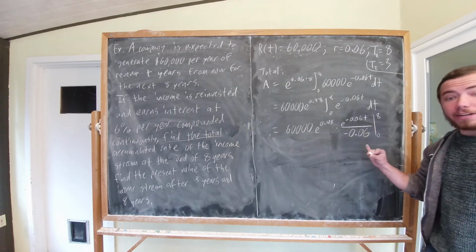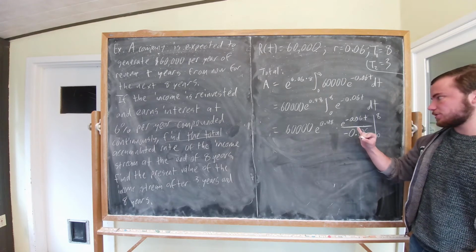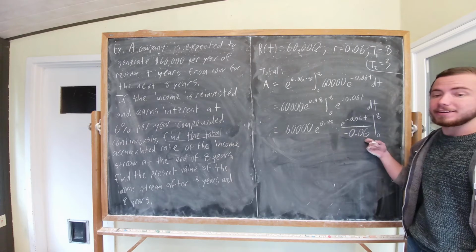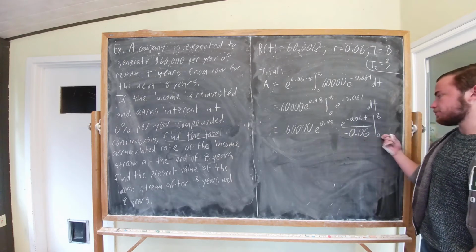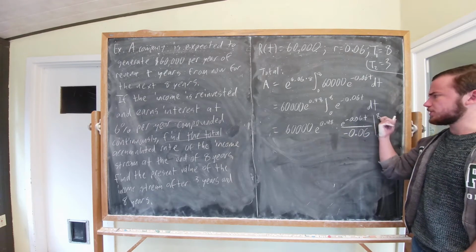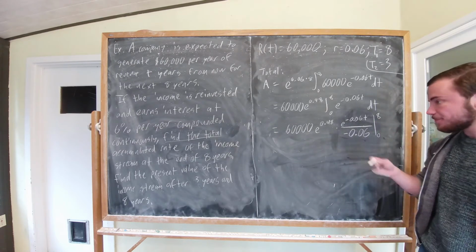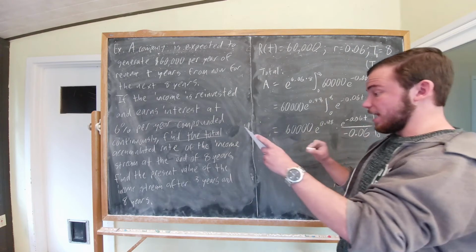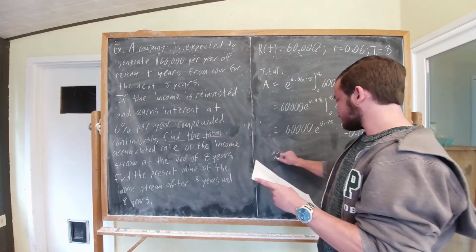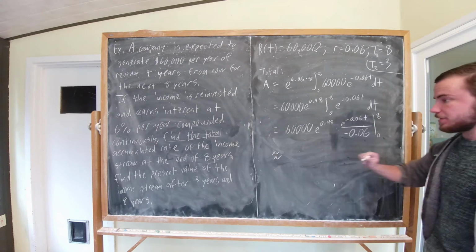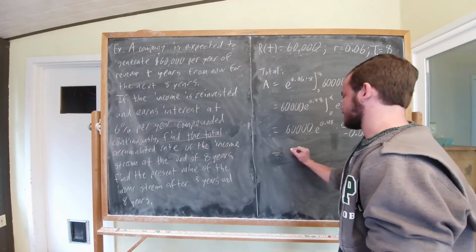You could have also done a u sub, and that would have worked too. You would have had e to the u divided by negative 0.06, and then it would go from 0 to some negative number, and that would have also worked perfectly well. Excuse me. If you run that through your calculator, making sure it's the one with the 8 minus the one with the 0. So let's do one more step without the calculator.